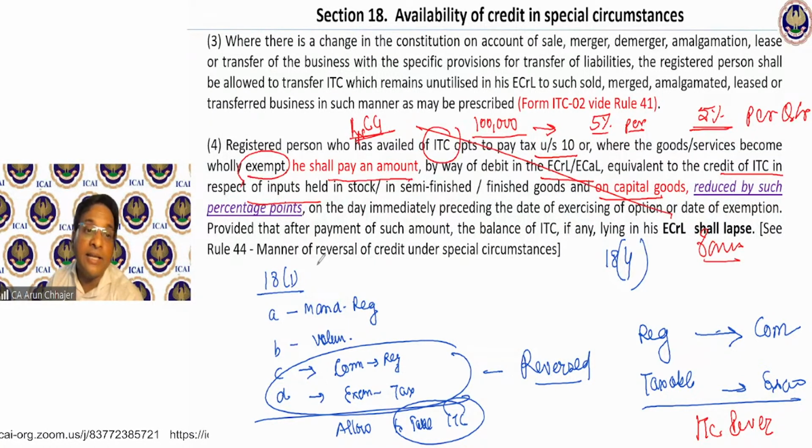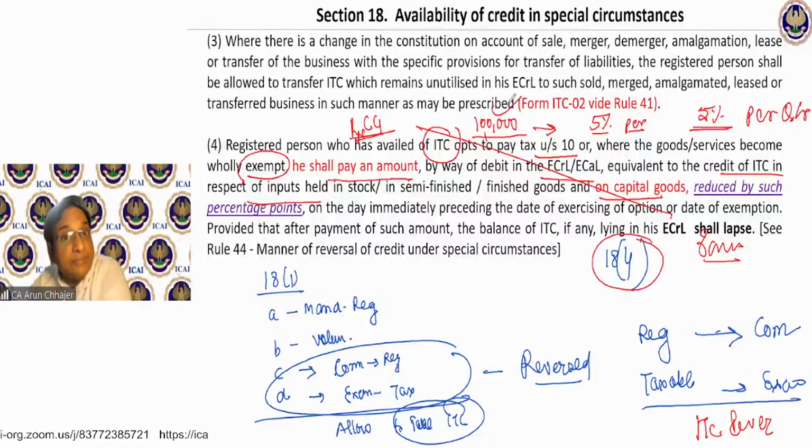Same pattern, if you have taken the ITC of 1 lakh because you are making the taxable supplies, now you are making the exempt supply, or that supply becomes exempted, or you have converted your number from regular to composition. Then you need to reverse the ITC. On capital goods, you are not required to reverse the complete ITC. Suppose you have used it for 2 years.